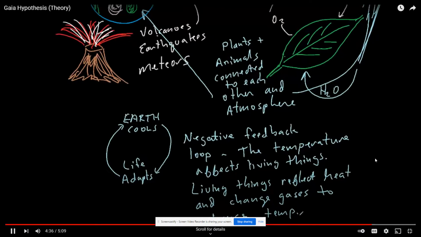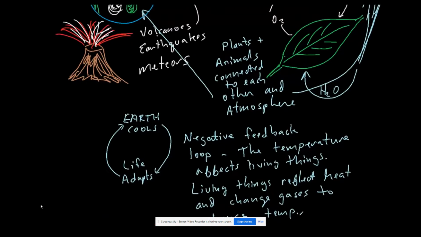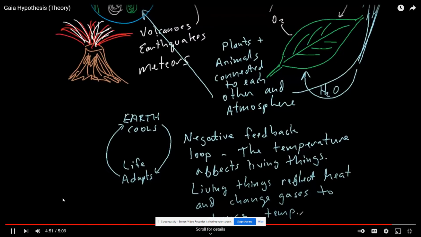And this creates then a negative feedback loop, not meaning that it's bad, but meaning that as something goes in one direction positive, then the system responds by bringing it back to the center. So we have this negative feedback loop allowing the Earth to maintain its own homeostasis through a complex interaction between the living Earth and the geologic Earth. And this is the Gaia hypothesis, or now maybe it should be called the Gaia theory, as proposed by James Lovelock.